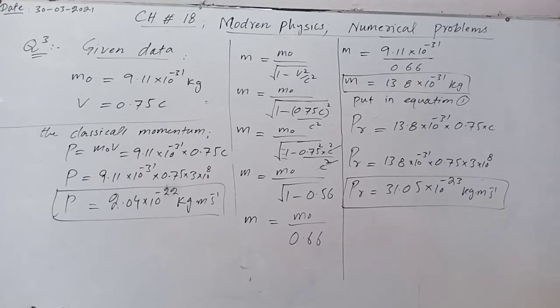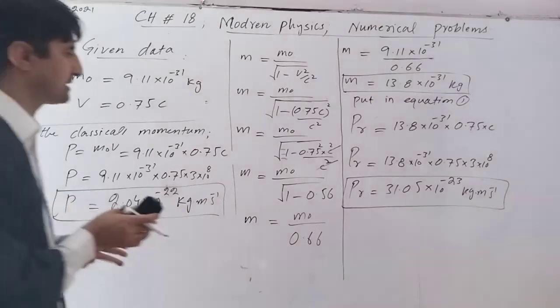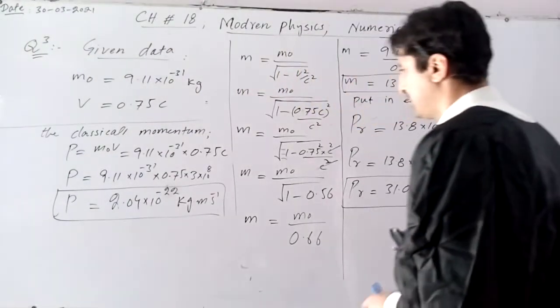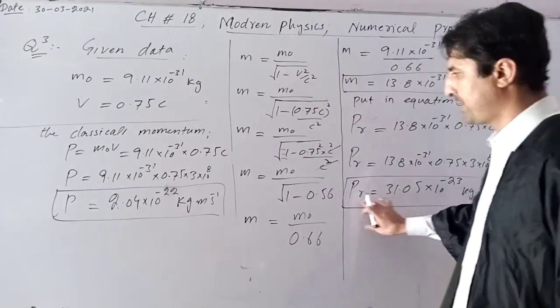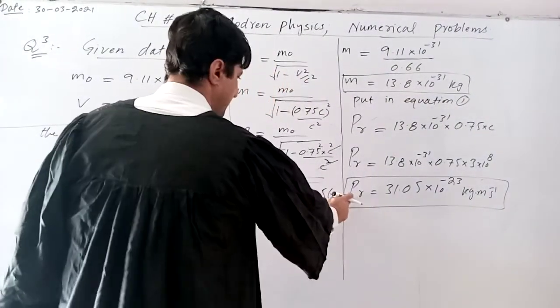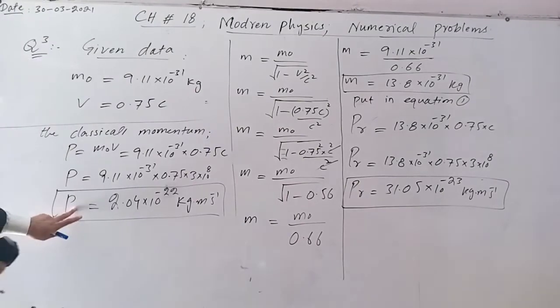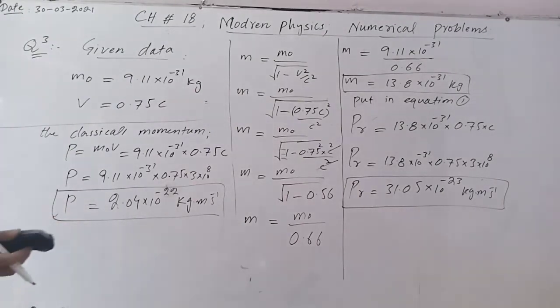Here in the question it is stated to compare the value of relativistic momentum with the classical momentum. So how much percent will it be? So percentage change. How much change occurred? Let me compare these two values. This is relativistic momentum, this is classical momentum.